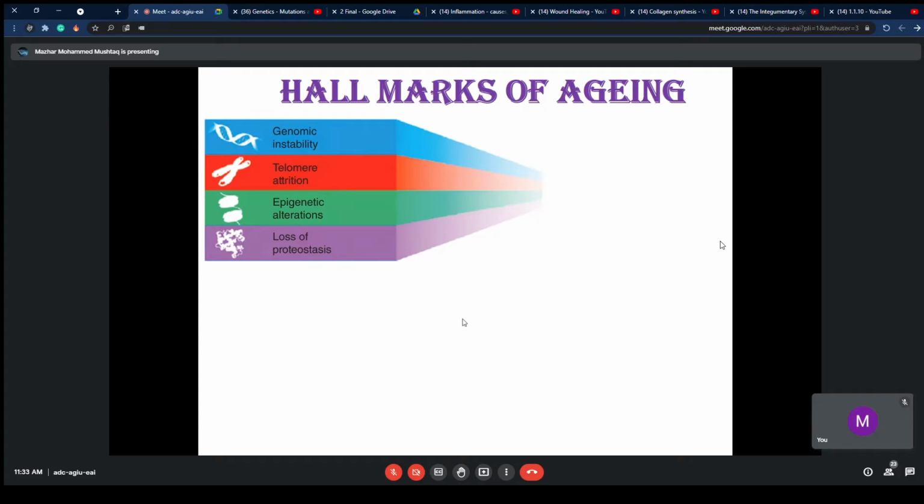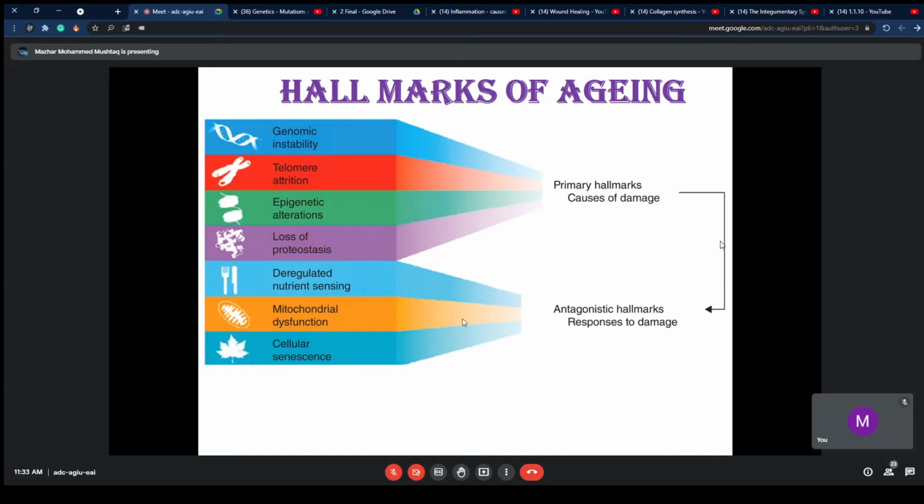And these four primary hallmarks, if they all begin to prevail, there is damage to the cell. So these primary hallmarks will cause damage to the cell. In response to that, we have antagonistic hallmarks which respond to the damage: the deregulated nutrient sensing, mitochondrial dysfunction, and cellular senescence.